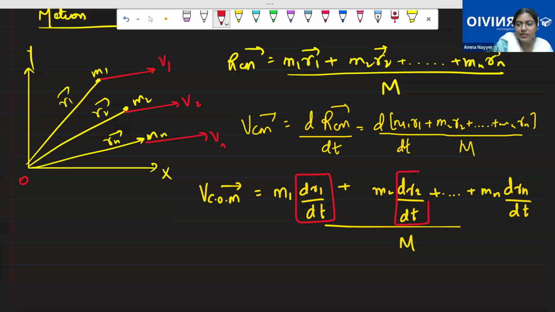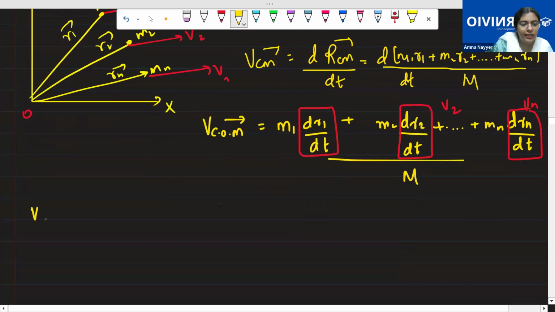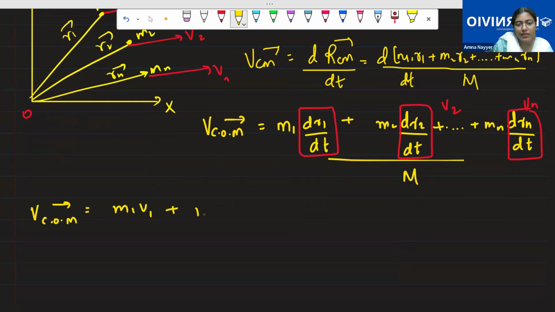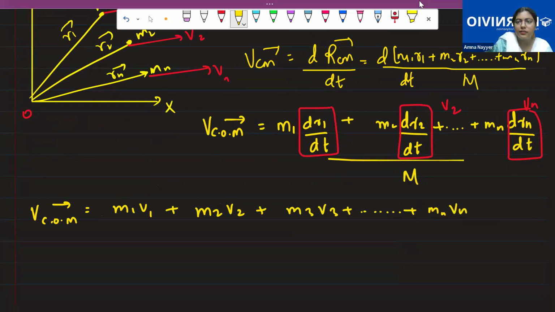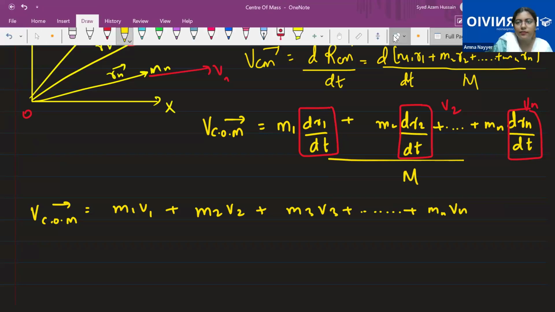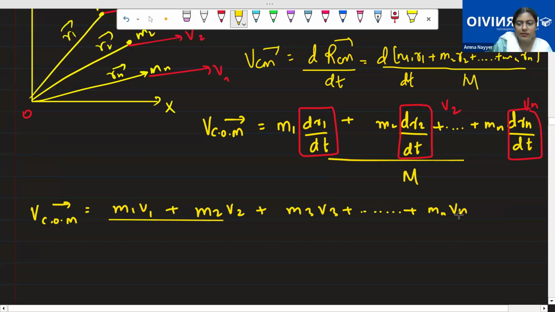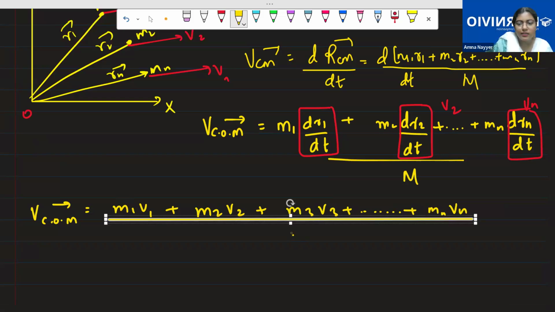So for the velocity of the center of mass, m1 v1 plus m2 v2 plus m3 v3, like this will go on till mn vn, divided by the total mass, that is M. This is the velocity of the center of mass.